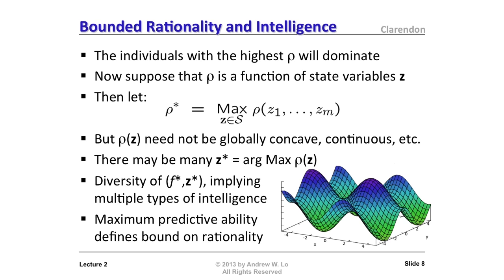And now if we let rho, your predictive power, be a function of state variables, for example, your cranial capacity, or the particular environment that you're in. If you have night vision and it's nighttime, you can actually see farther than other creatures. Therefore, you can protect your offspring, which means that they'll have a higher probability of survival. There are many mechanisms that you can use to generate a particular correlation.